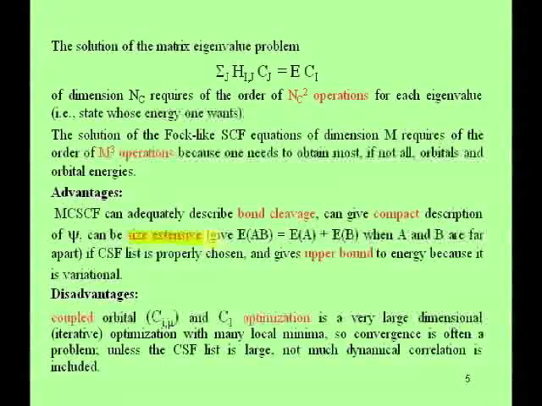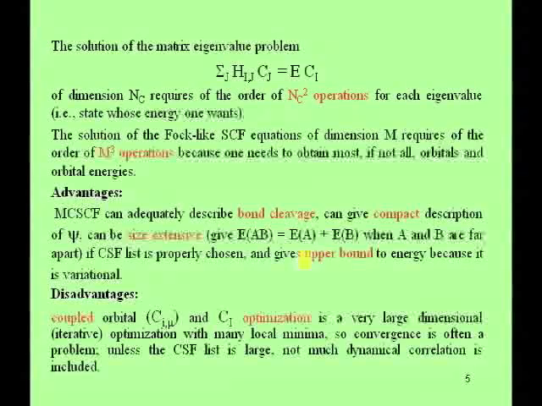Well, when they're far apart, you ought to get twice the energy you got in the water monomer. If you don't, something's wrong. This characteristic of getting twice the monomer energy when you do the dimer with the two far apart is called size extensivity. So MCSCF theory can give energies that are size extensive.